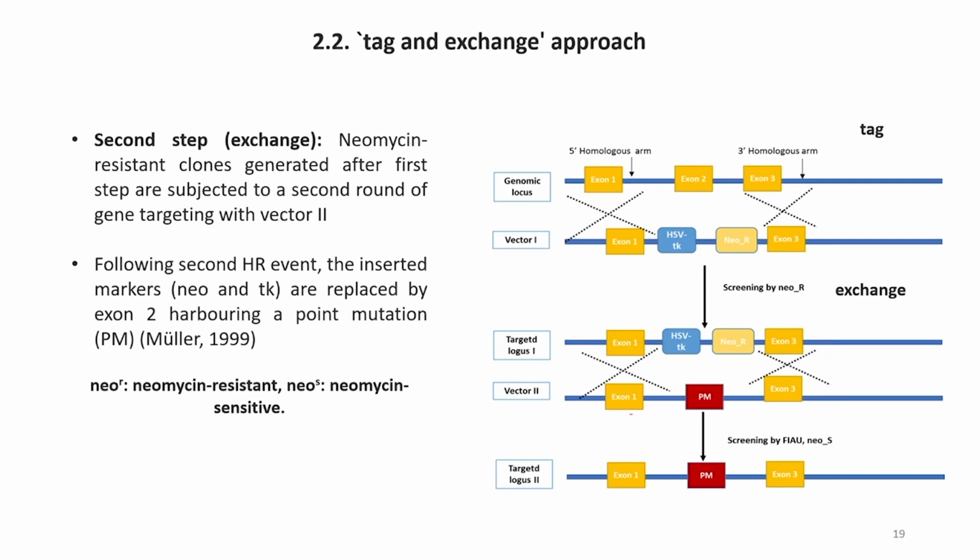Now, due to homologous recombination, the inserted markers neo and HSV-TK will be replaced by a sequence harboring a point mutation, as shown in this figure.